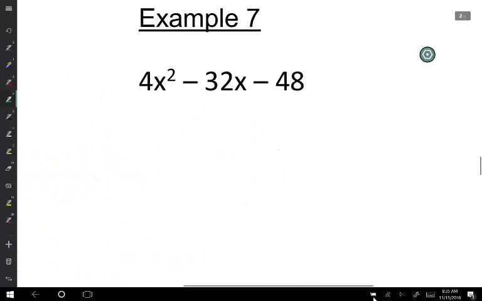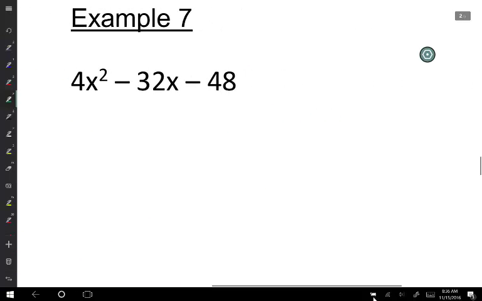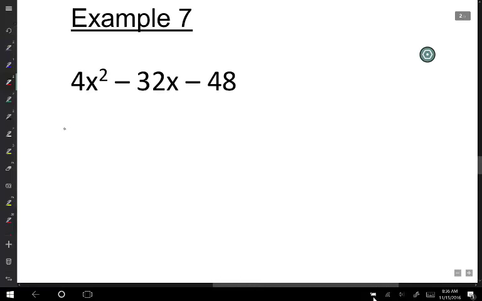All right, let's slide over. Talk to me. Thoughts? Stephen, Luke, Anna, Grace, what are your thoughts on this one? Start by doing what? Review 4 and then parentheses x squared minus 8x minus 12.